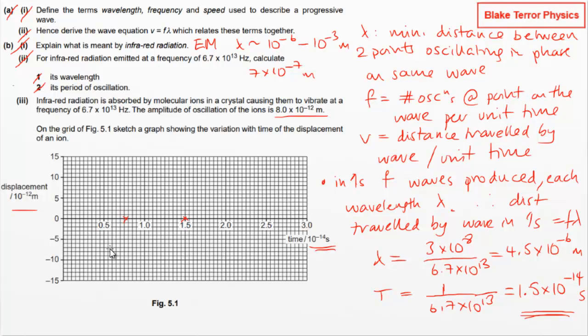So let's put then the crossing point, maybe there. Oh no, it's going to be a 7.5, isn't it? So it's going to be a bit along from that. So say there, and then, yeah, here.